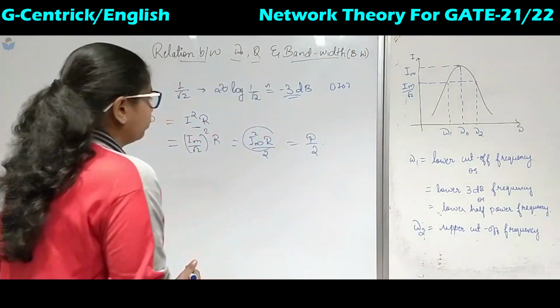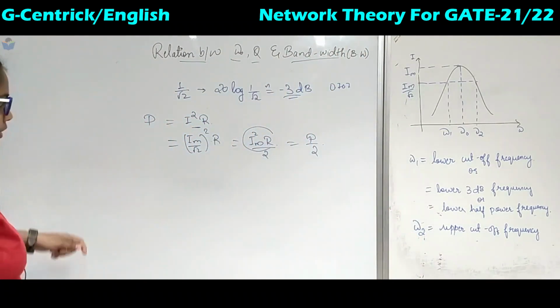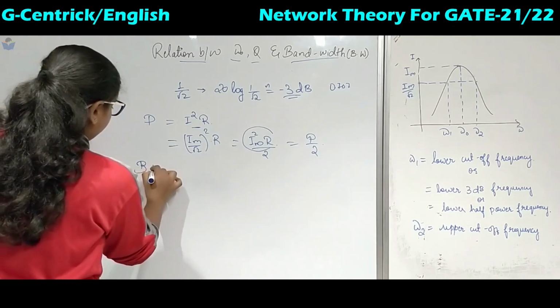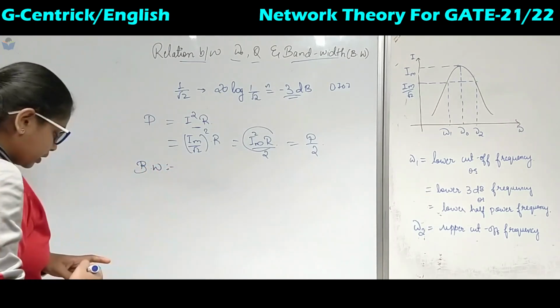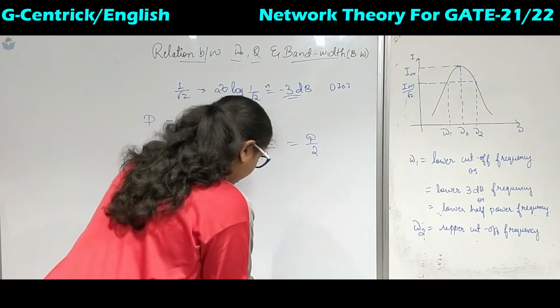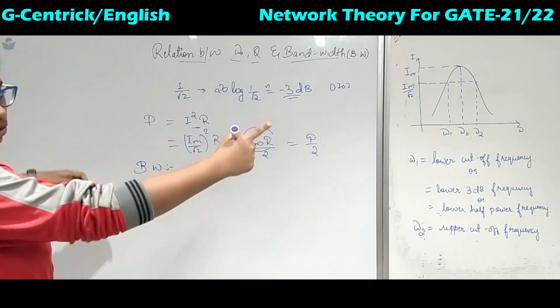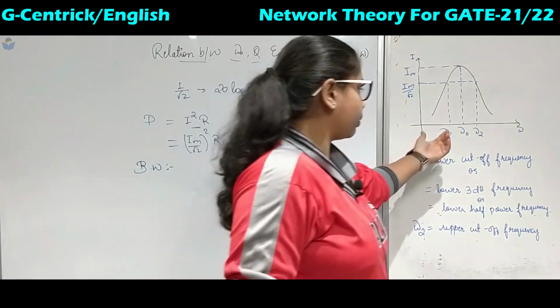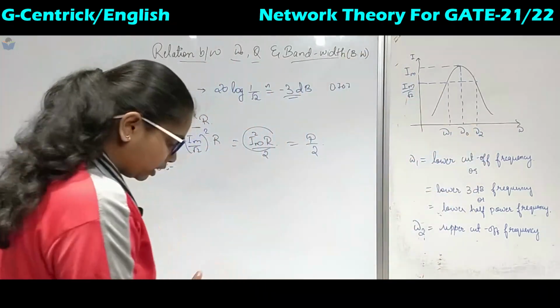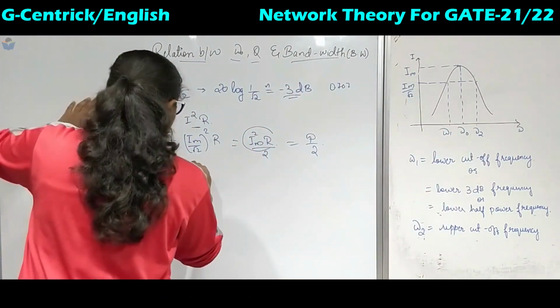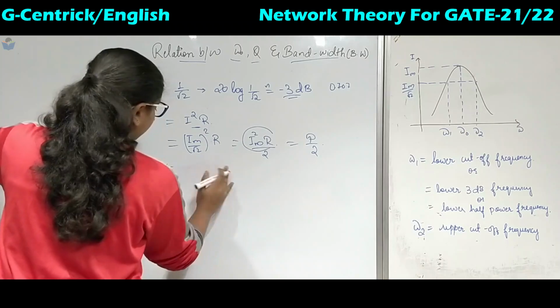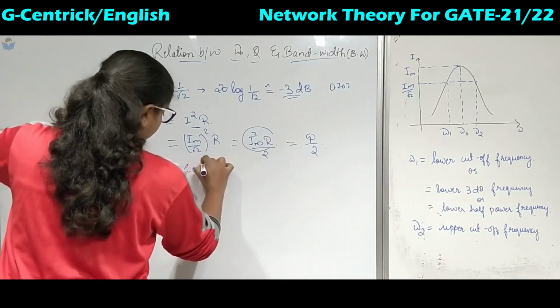Now we will see what we mean by bandwidth. We will see the definition of bandwidth. It is defined with respect to certain frequencies like omega 1 and omega 2.